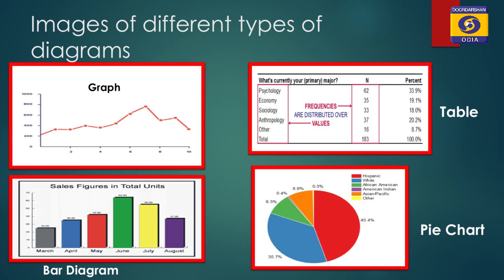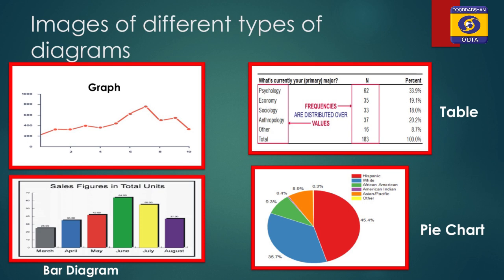Onions became very expensive, 30 rupees per kg, and potatoes also became very expensive, say 26 rupees per kg. So, you can create one bar for the onion and one bar for the potatoes. By showing those bars, you can draw a bar diagram.